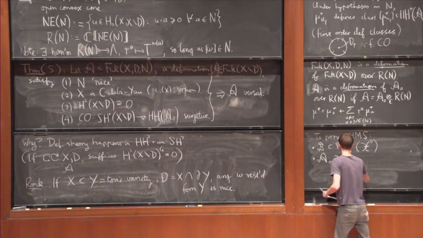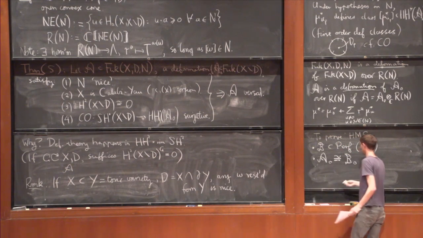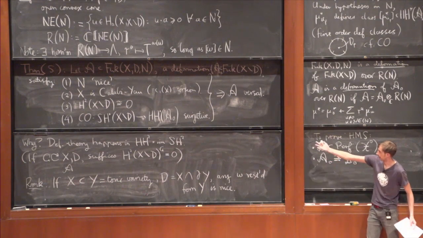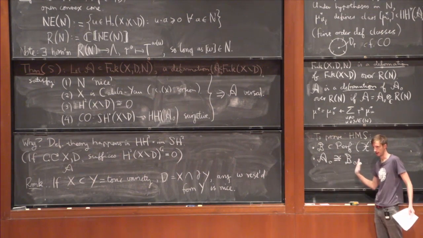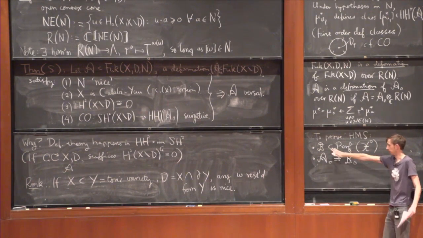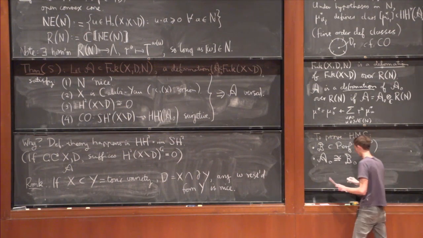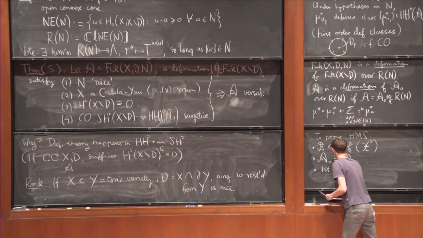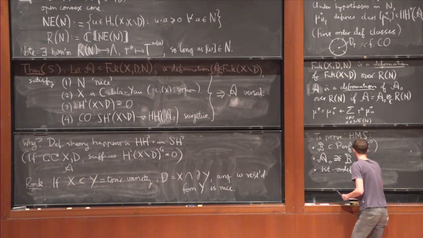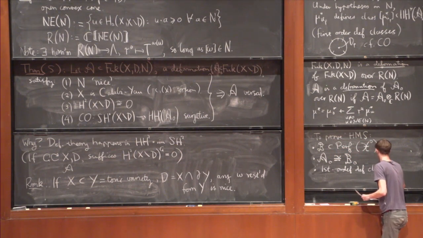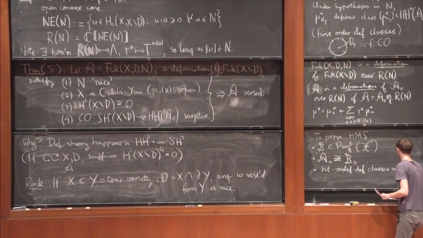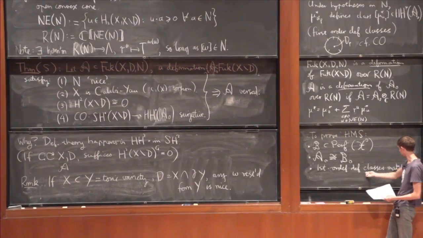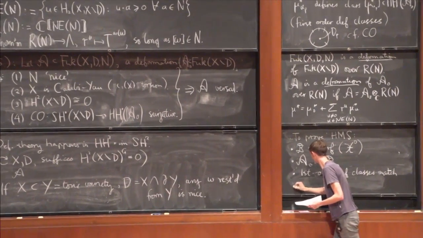We want to match up a subcategory of the relative Fukaya category at 0 with this subcategory B. Then we need to check the first order deformation classes match.